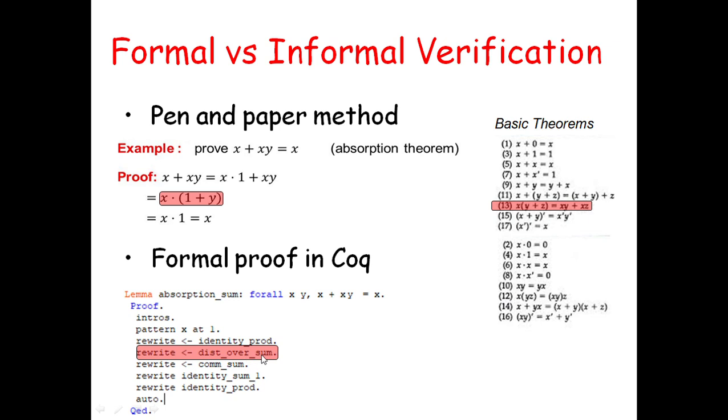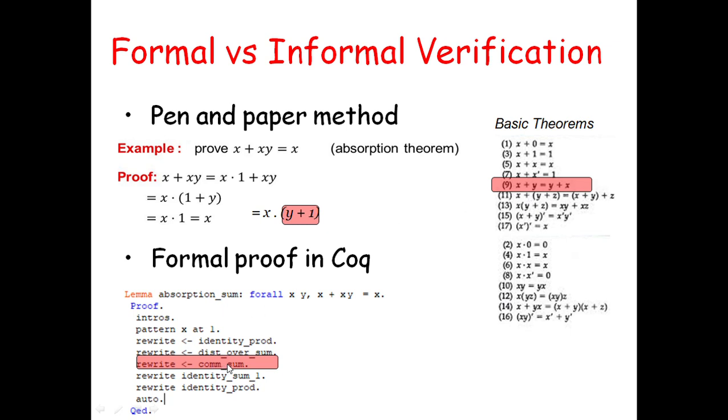Then 1 plus y was replaced with 1 in the pen and paper method; a step was skipped, and the same step is included here. 1 plus y is first replaced with y plus 1 because that is what the commutative property says.